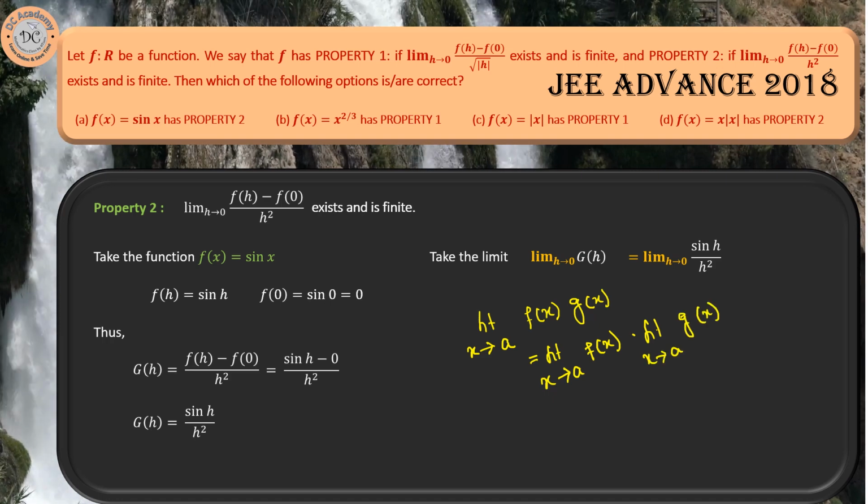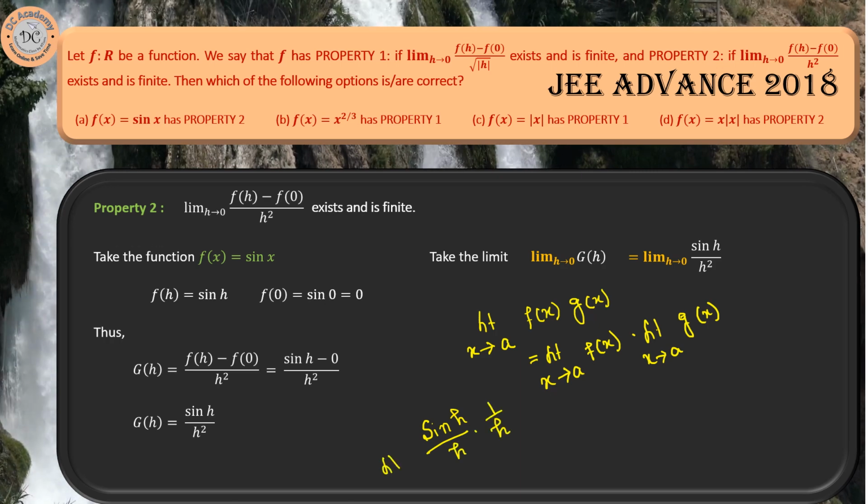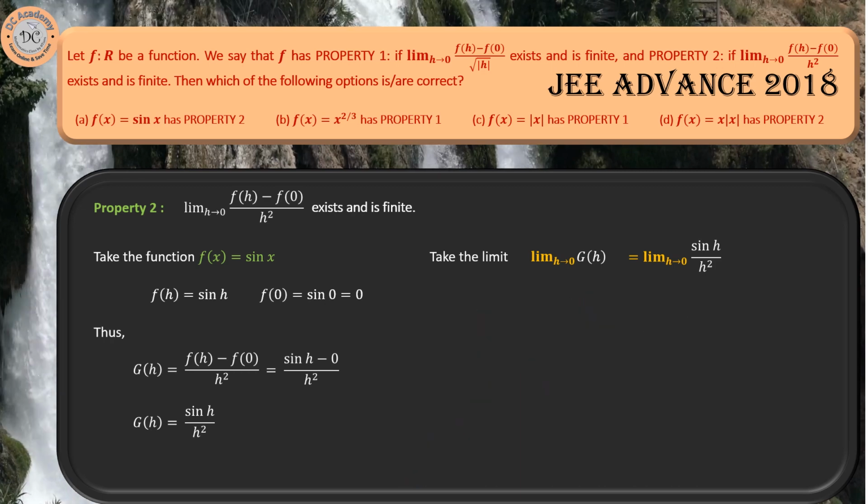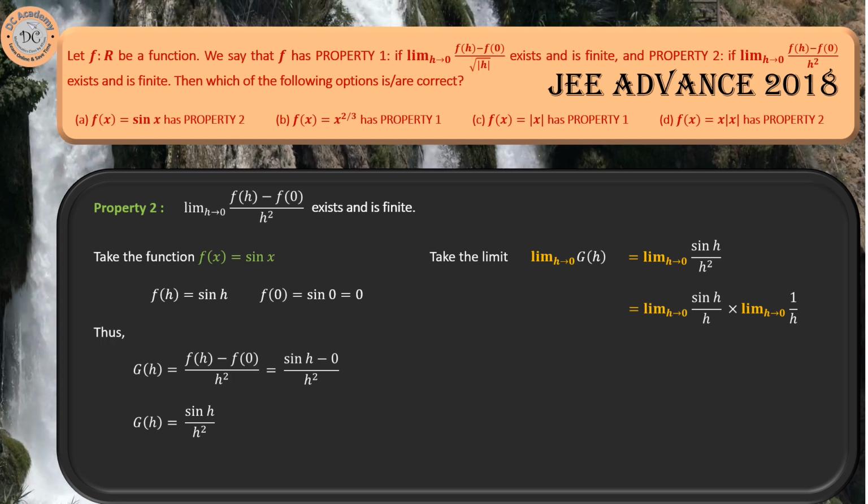So sin h by h squared can be written as sin h by h multiplied by 1 by h. Therefore the given limit can be rewritten as the limit as h tends to 0 of sin h by h, multiplied by the limit of 1 by h.